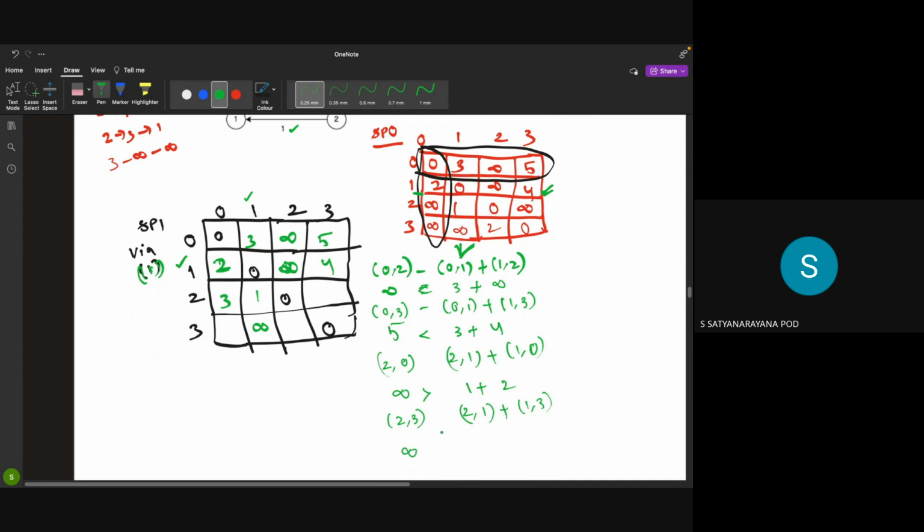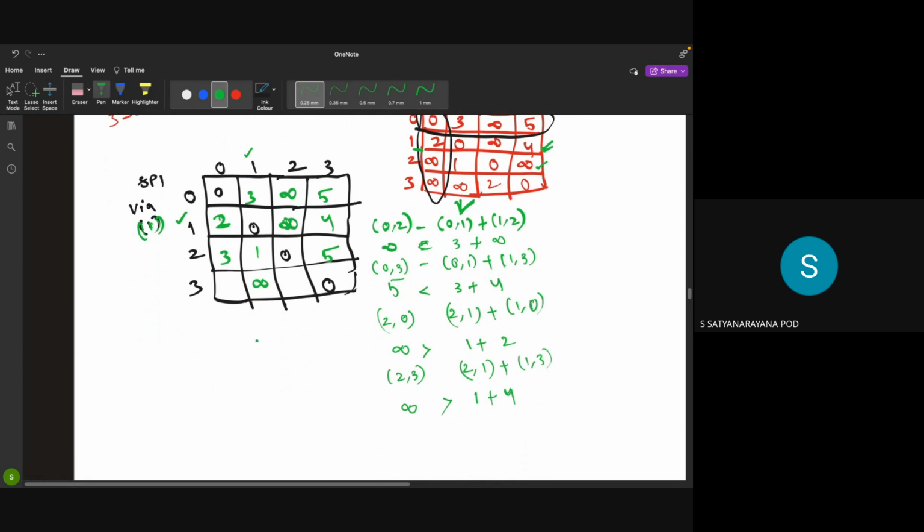Then 2 to 1 and 1 to 3. So 2 to 1 is 1, 1 to 3 is 4. So which is less? 5 is less than infinite. So we are updating this to 5. Earlier it was infinite, now we got the recent value 5. So this is done.